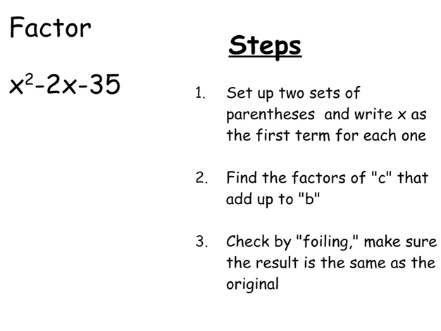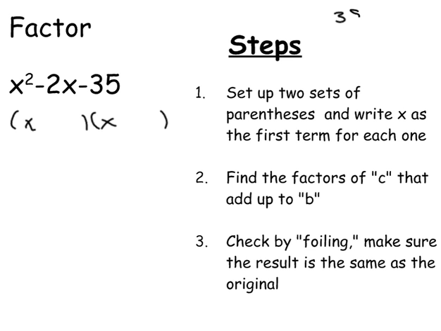All right, next, let's try another example. So you're going to set up your two sets of parentheses, and place x as the first term for each one of the parentheses. For step 2, we got to find the factors of c that add up to b.